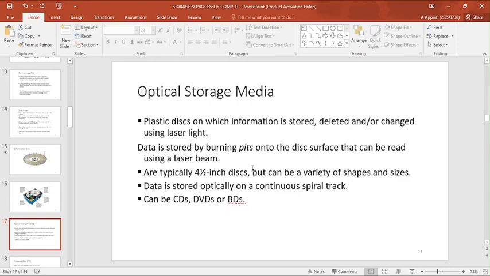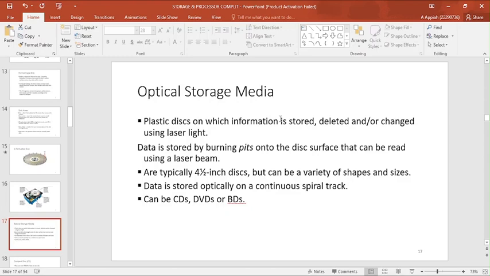These are plastic discs on which information is stored, deleted, or changed using laser light technology. Data is stored by burning pits onto the disk surface that can be read using a laser beam.